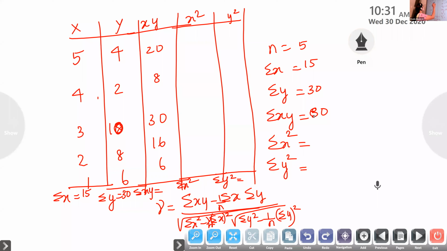Then sigma x square: 25, 16, 9, 4, 1. 10, 30, 55. Sigma x square is 55. And sigma y square: 16, 4, 100, 64, 36. So it is 220.